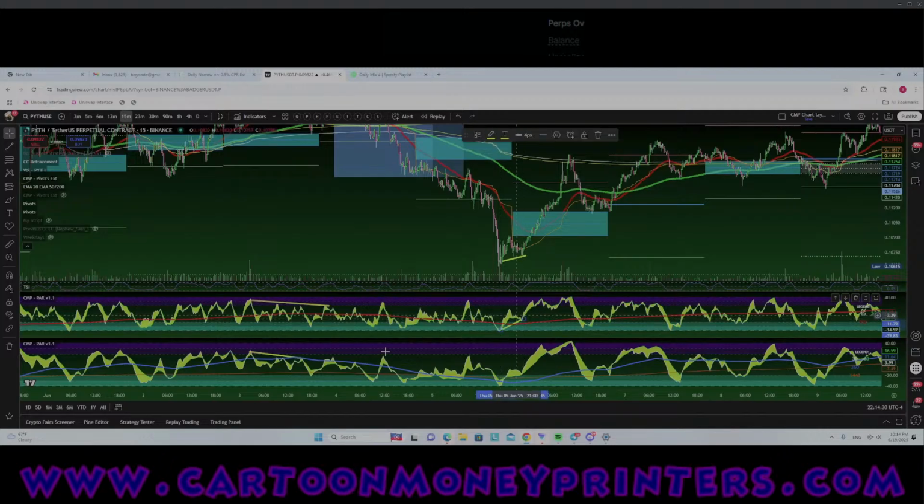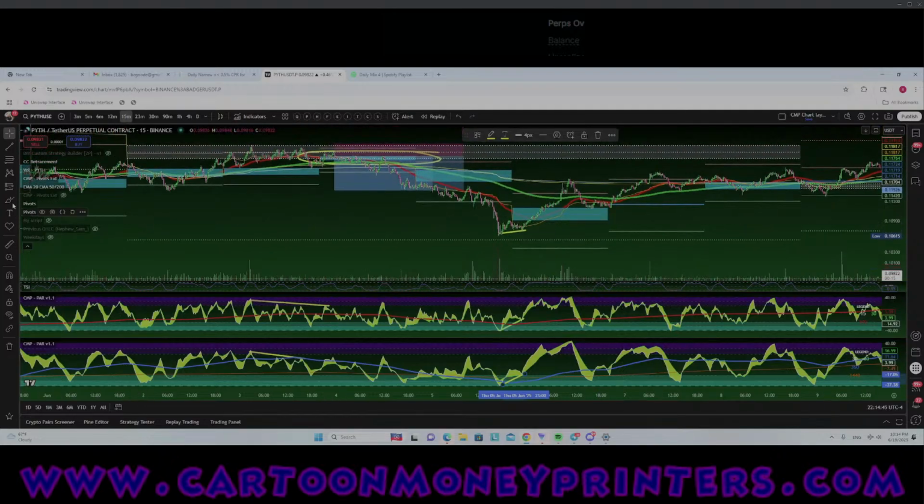Very steep move up, very steep move up, right? And by this point, the 90 and 360 turn up, and that's your final TP. So from that point, that's about a day and a half gone by.